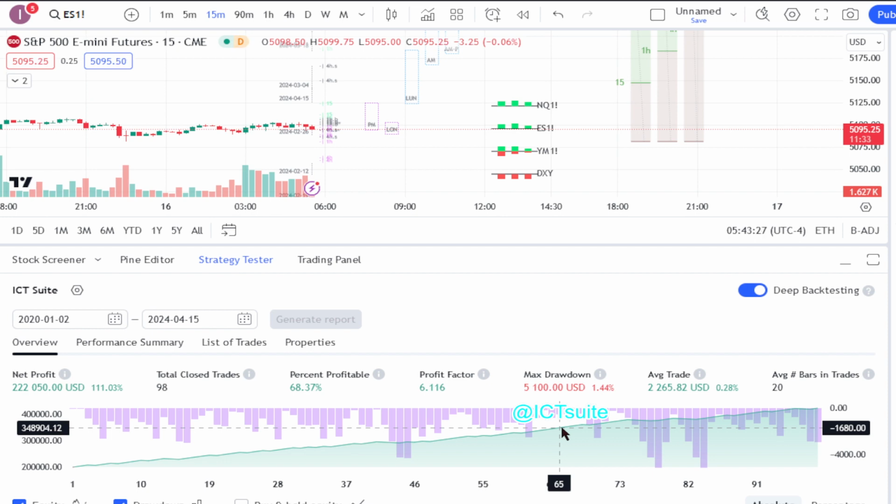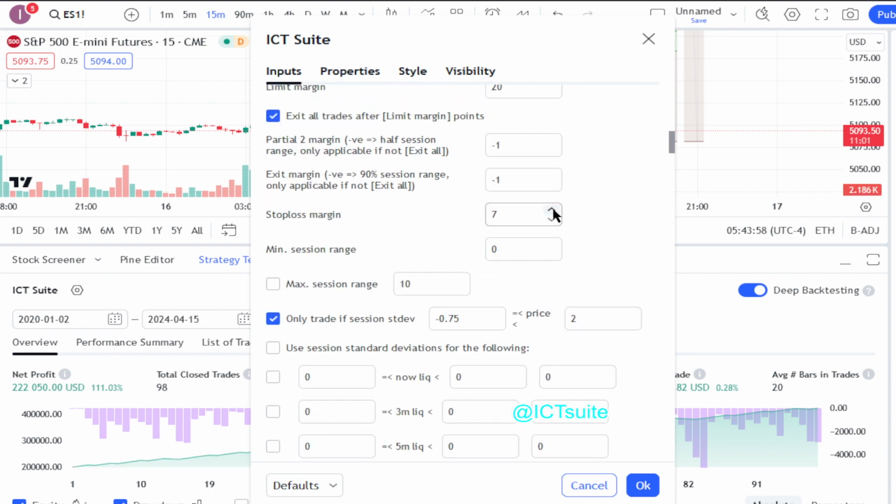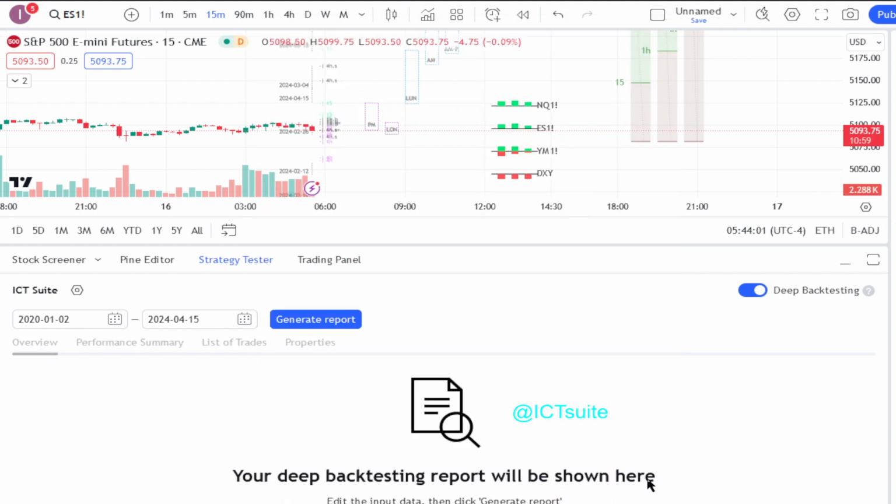So a stop loss of 7 gives us 222,000, 98 trades, and a 68% hit rate. We have an increase in max drawdown as well as an increase in average win for every trade. Let's continue to 8.